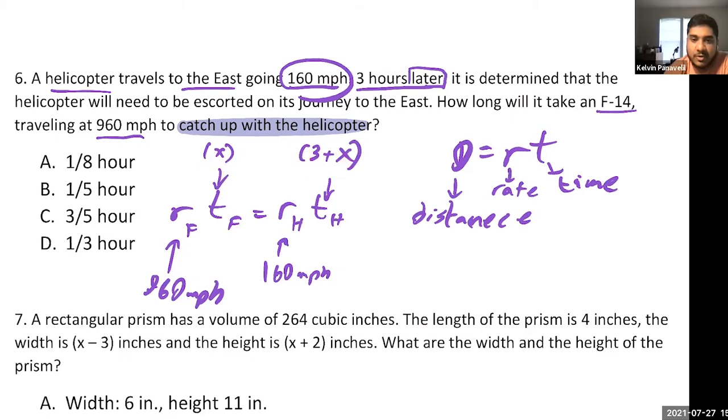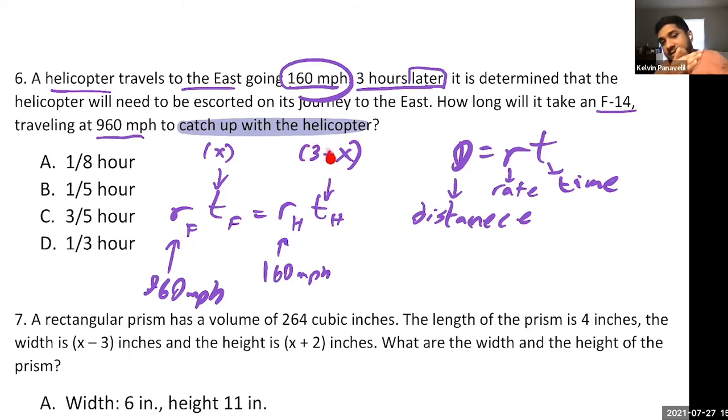One time in the chat, real quick: before the F-14 started, how many hours did the helicopter travel? Right, good. So the helicopter already traveled three hours, and it keeps going at a slower speed.